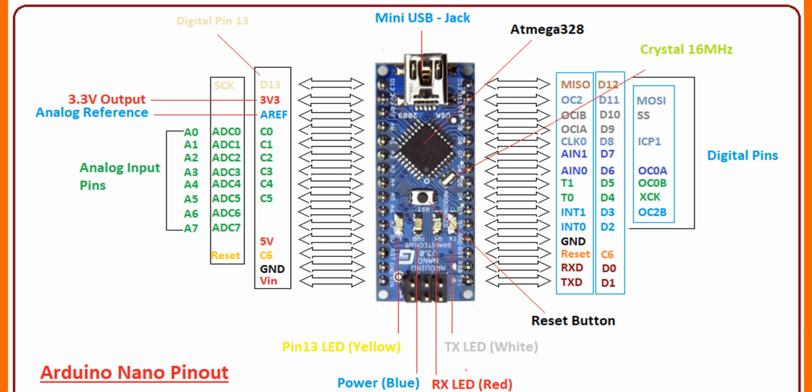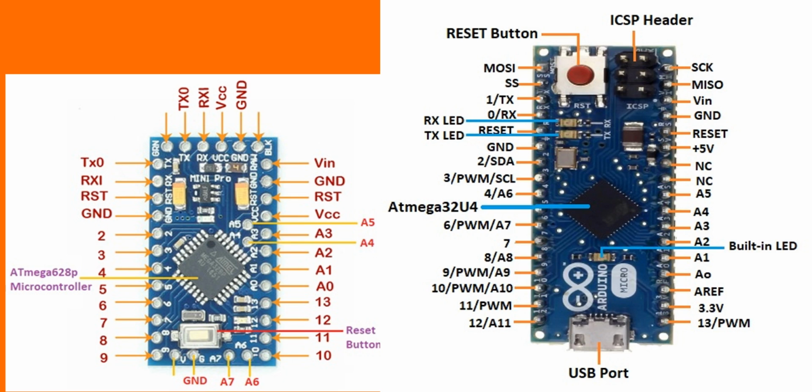Some digital pins have extra capabilities. Pins marked with a tilde support PWM, which is pulse width modulation, which lets you simulate analog outputs.